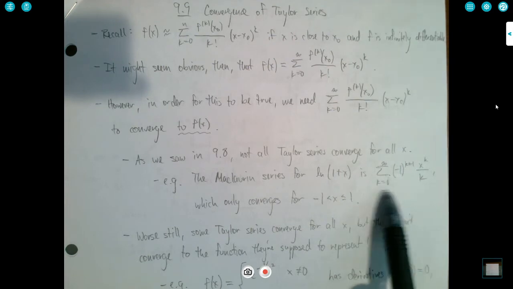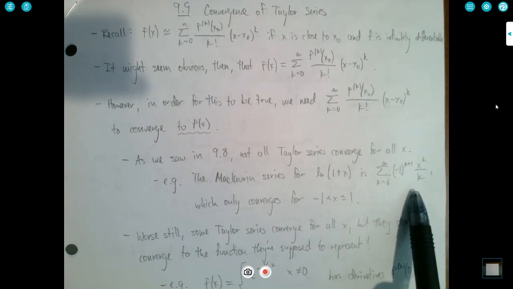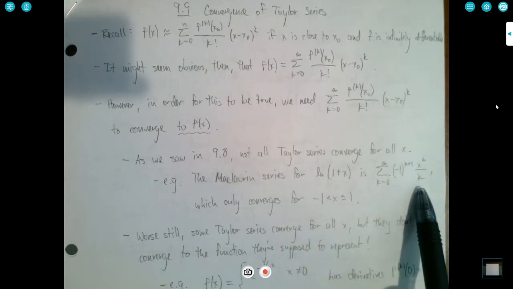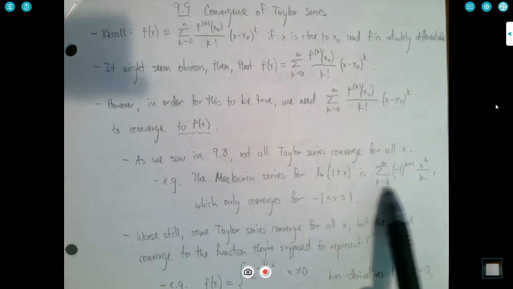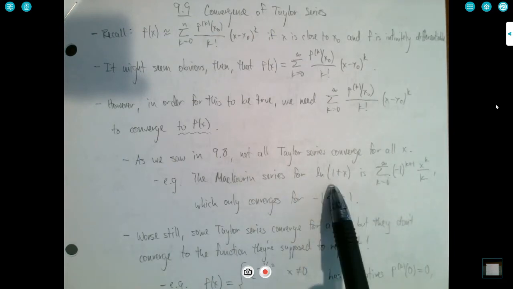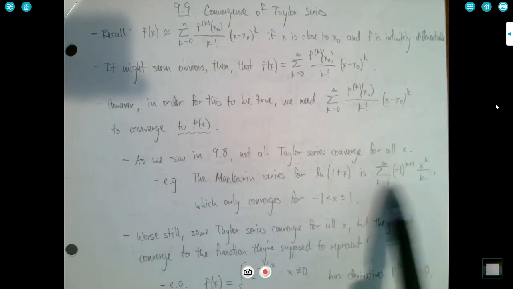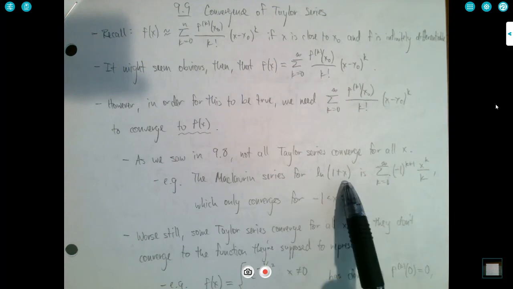And it's pretty easy to show that this thing is only going to converge if x is between -1 and +1. Okay? So that means that this series is not equal to this function if x is, say, 2 or -14 or something. Then this series is not going to converge to this function.